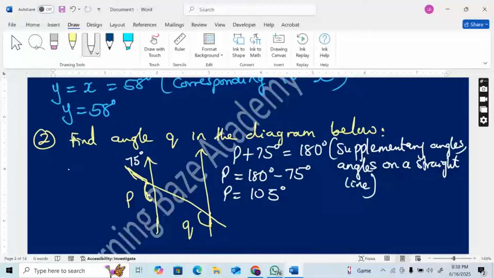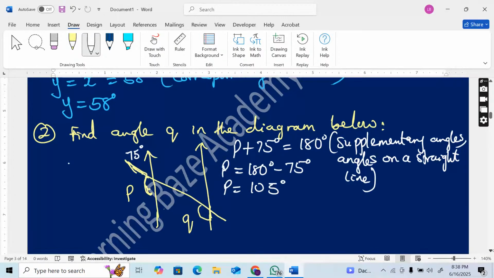Now that we have angle P, we can find Q. You can see that angle P is below the transversal on the left. Angle Q is also below the transversal on the left. So they are in the same position.